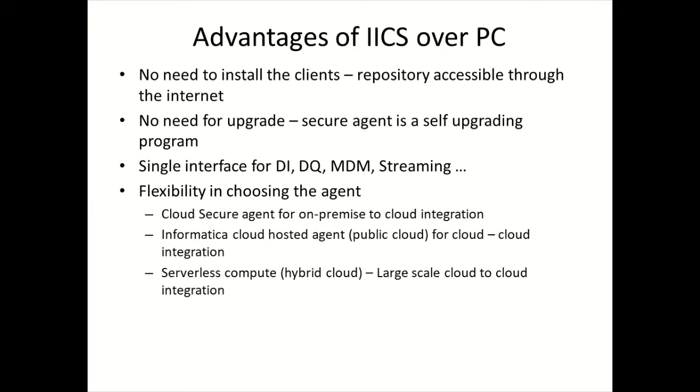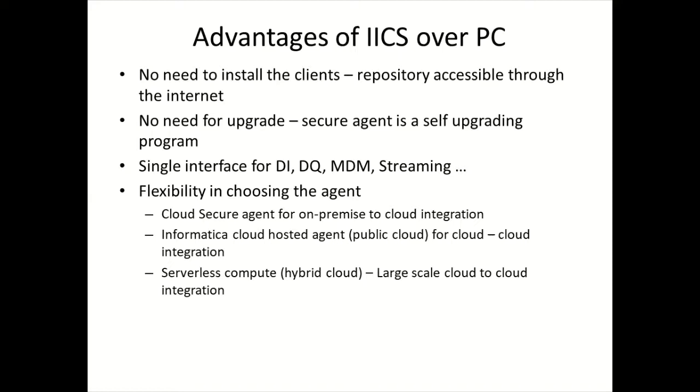So if you have a large amount of data to be processed, and assume that you have to run your mappings in Spark in the cloud, then Informatica also gives you an option of Informatica serverless compute, which is basically a private cloud option that supports large cloud-to-cloud integration. I will be able to run my Spark mappings in the cloud environment using Informatica serverless compute. Here you have an option of elastic mapping.